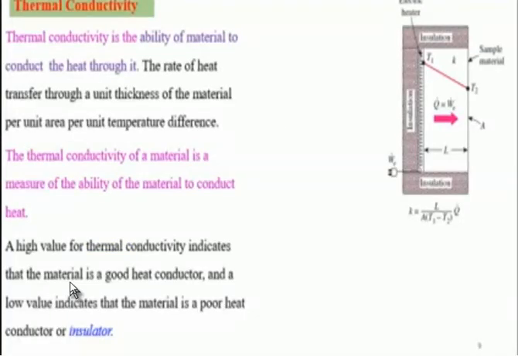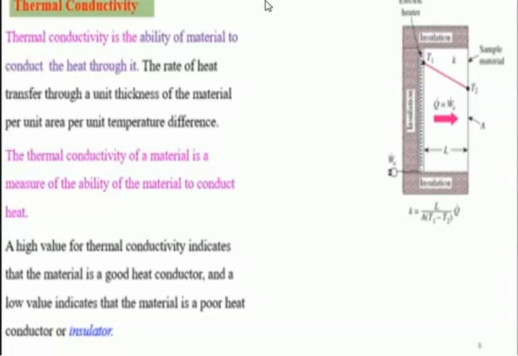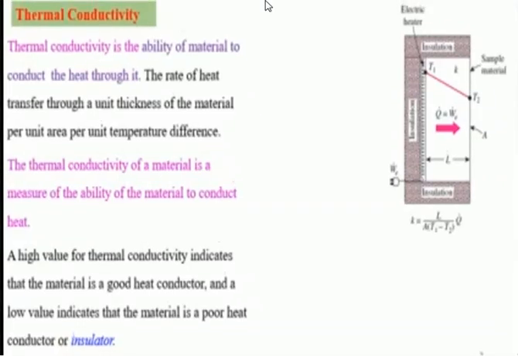Okay. Next, thermal conductivity. Thermal conductivity is the ability of a material to conduct heat. Already we defined it, K value, that is thermal conductivity.